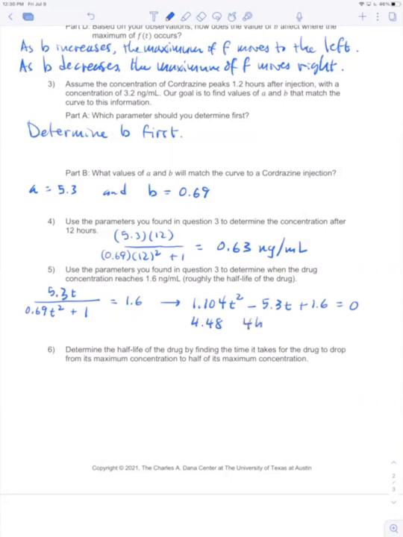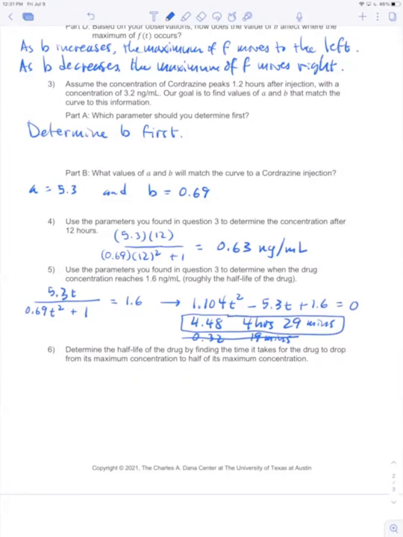So that's about 4 hours, 29 minutes. The other value is 0.32, which is about 19 minutes. And we're just going to discount this answer. Mathematically it's correct, but it doesn't make any sense in the context of this question. So we'll just go with this.